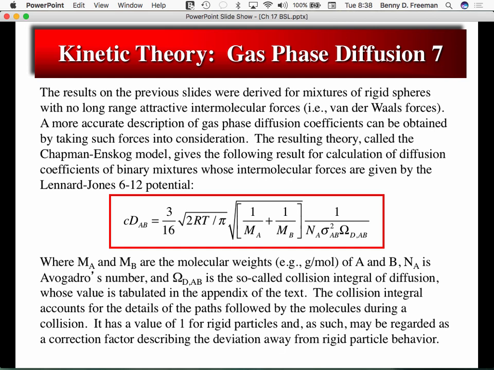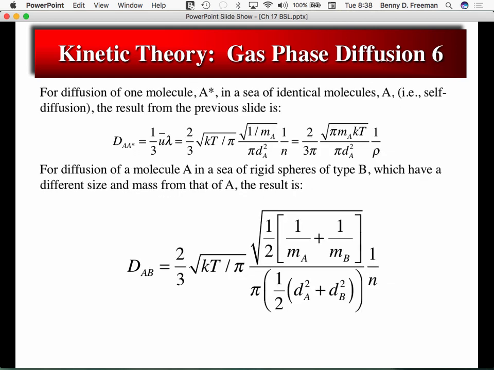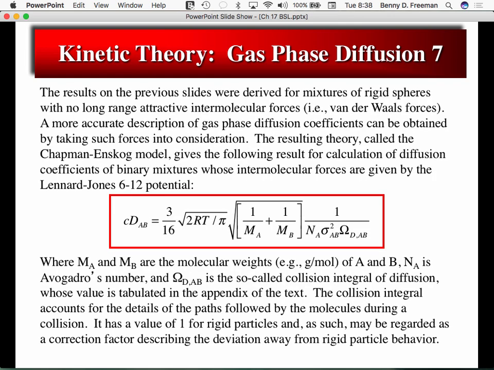The Chapman-Enskog model is one that is developed specifically to include those types of interactions. And you'll see that the diffusion coefficient result that it gives vaguely resembles the one from the simple kinetic theory without long-range intermolecular interactions, with some of the Lennard-Jones parameters starting to show up. These are parameters from the Lennard-Jones potential energy model.